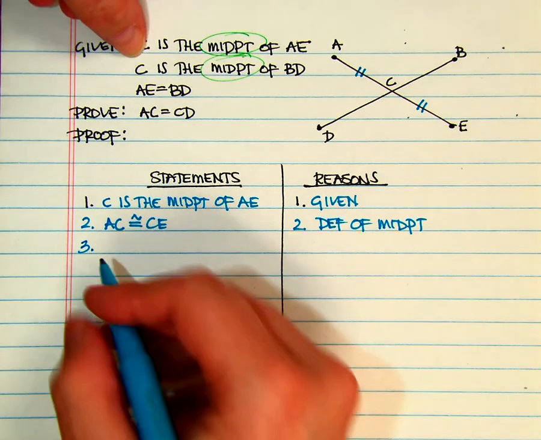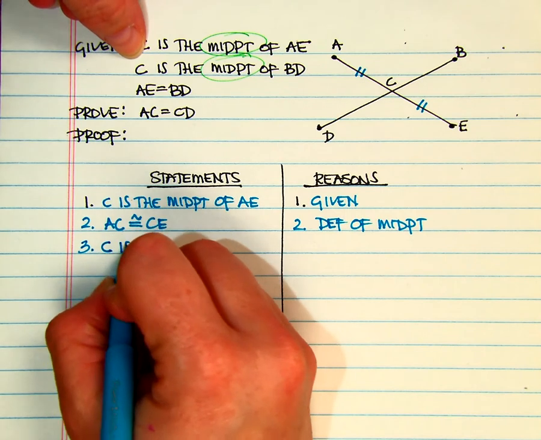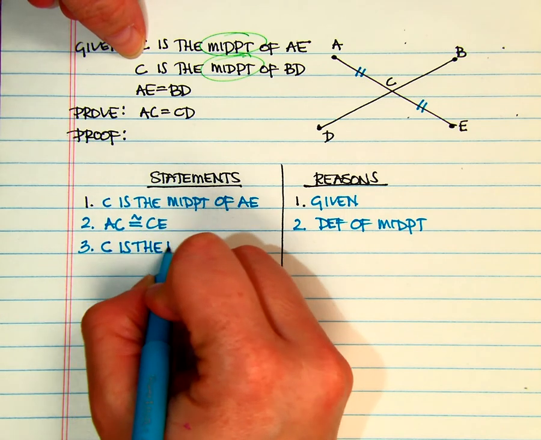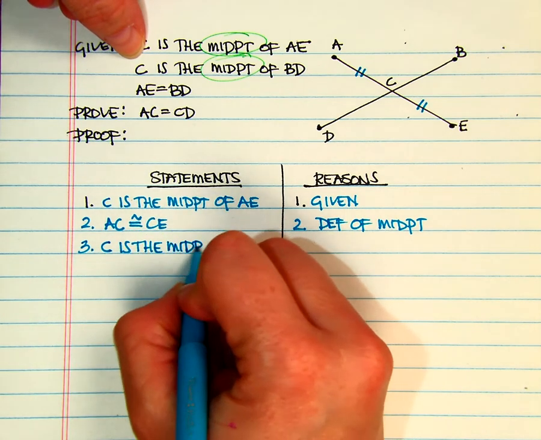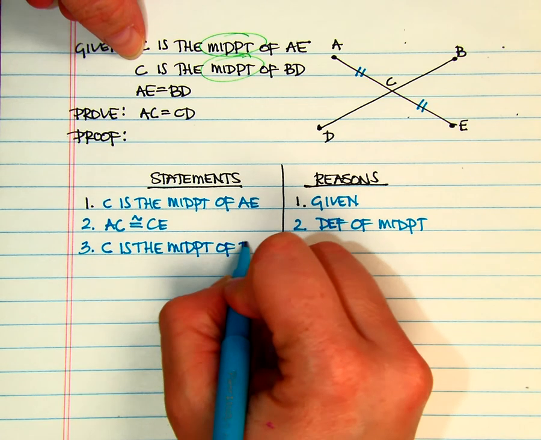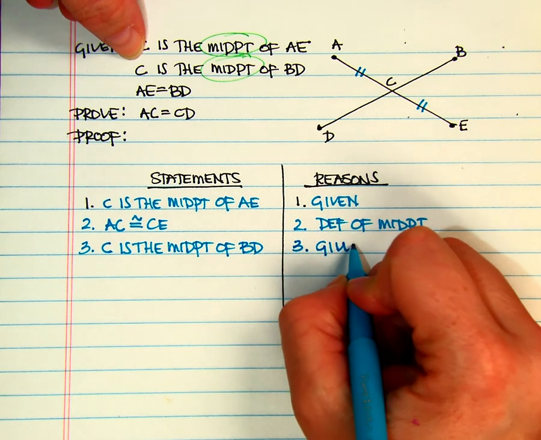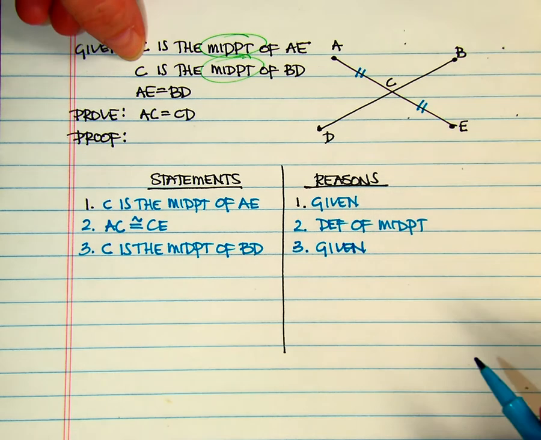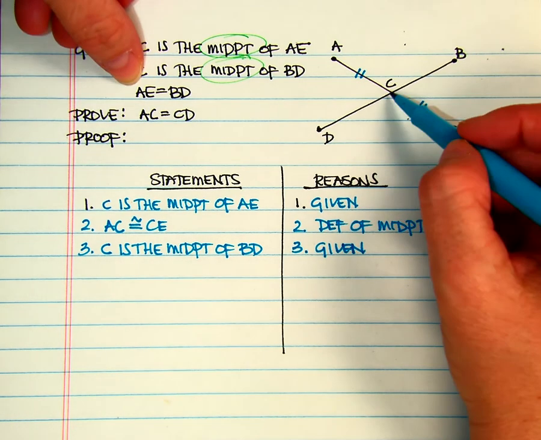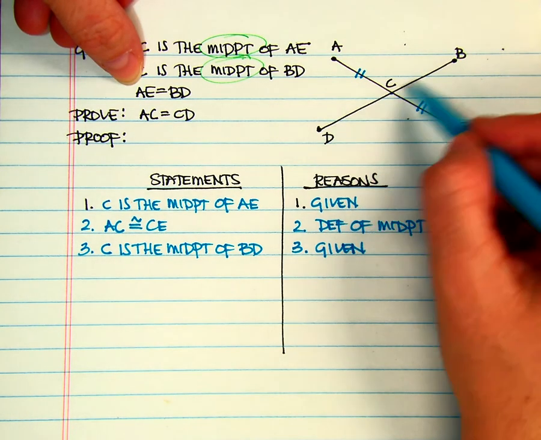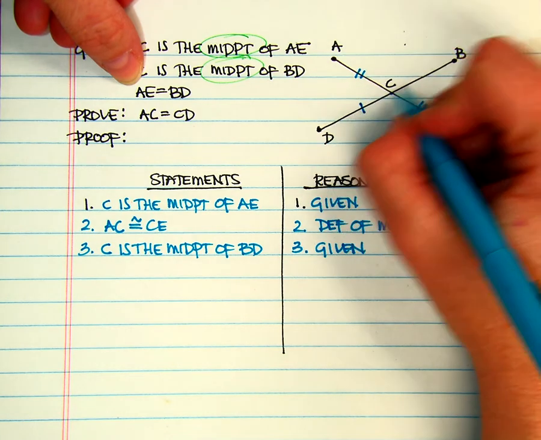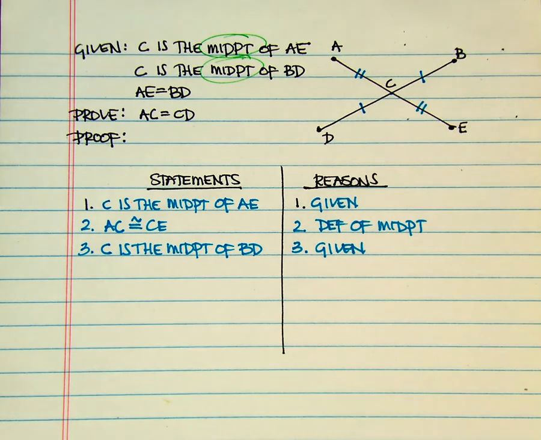So I'm going to use the next piece of given. C is the midpoint of BD. Again, that was given. And what do I get from that? So if C is the midpoint of BD, that means that those 2 pieces are congruent.